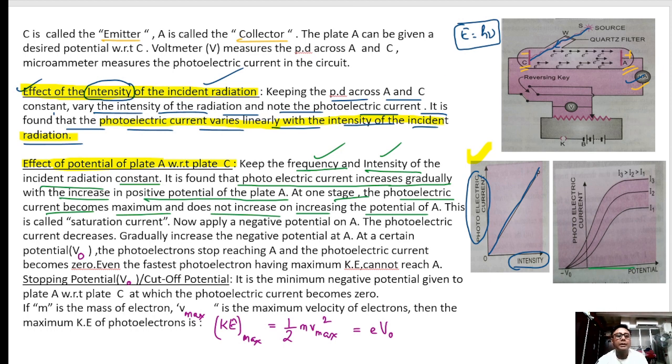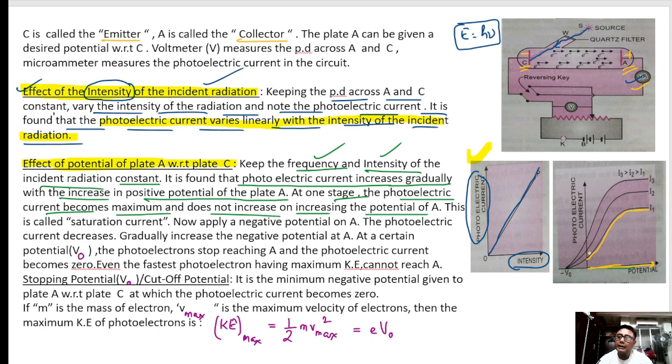Watch here, as the potential of plate A increases, the current also increases, if I keep the intensity constant, till it becomes saturated. From here, it has become saturated.